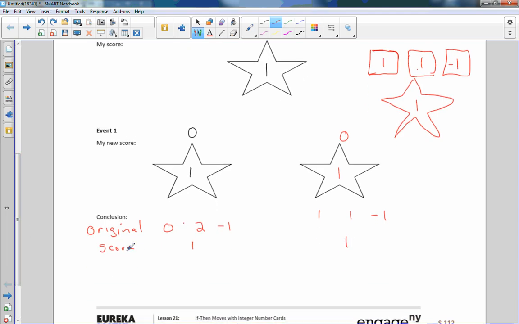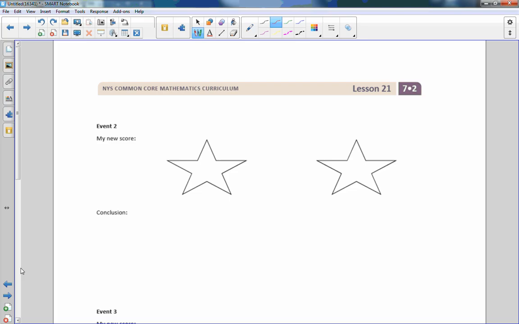Then event 1: add 0. Both partners received the 0 card, so their new score is still 1. Now they both have a total of 1 with that 0.